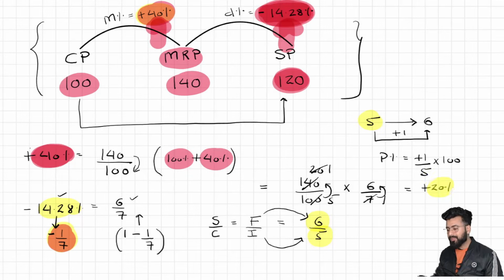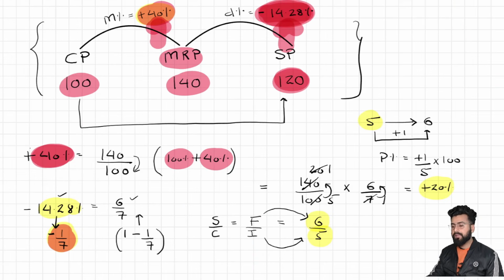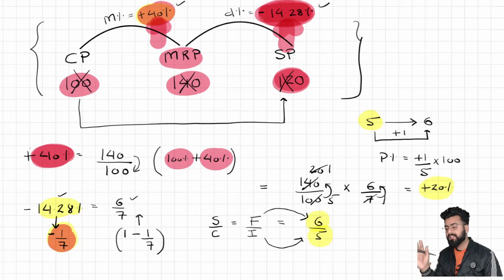Now, what I want you to look at is the last setup. In the last setup also, we calculated the same answer, 20%, but by using the values 100, 140 and 120. In this setup, we were able to calculate the same answer without using these values. We had just used the values of successive percentage change.